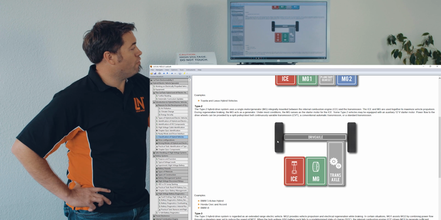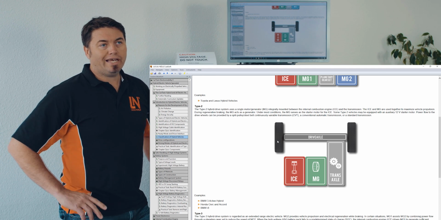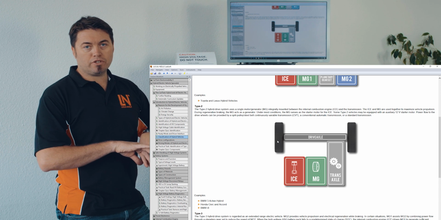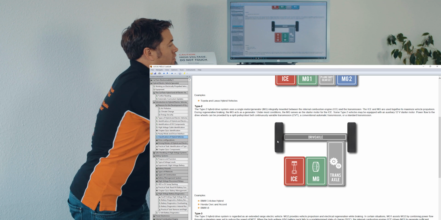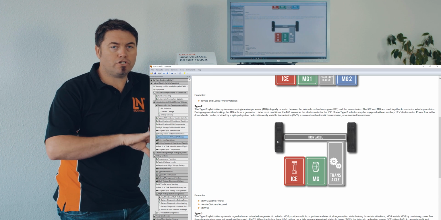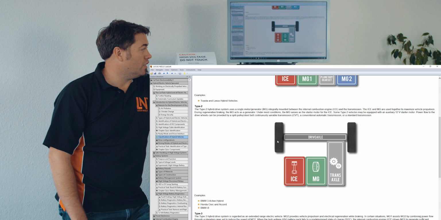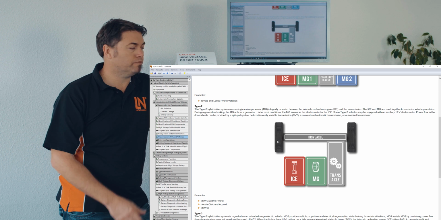So the motor generator is acting as a booster for the internal combustion engine. Again, there are different types within this. There could be a clutch inside the system which separates the motor generator from the internal combustion engine, so you could drive with one or the other.